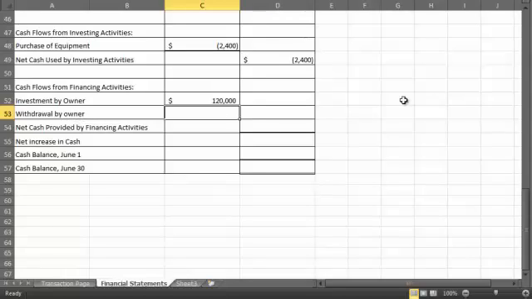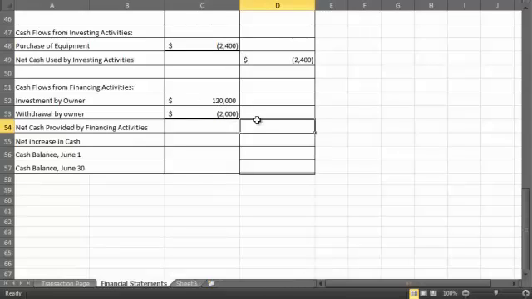Now, the owner also withdrew $2,000 in cash, which would be an outflow, so a negative amount by the withdrawal by the owner. Now, this does say provided by. Obviously, we already know it's going to be a positive number because $120,000 is obviously more than a negative $2,000, which leaves us with a net of $118,000.